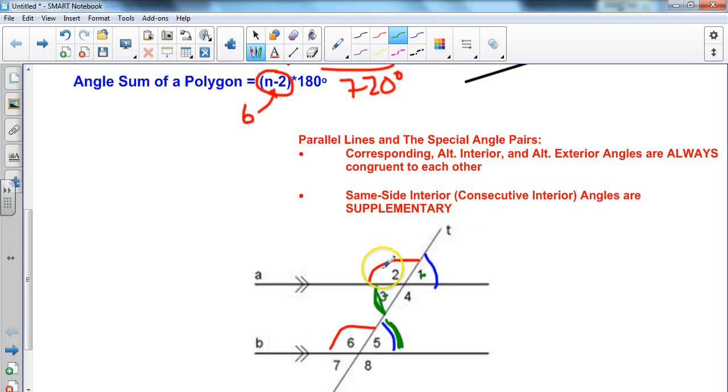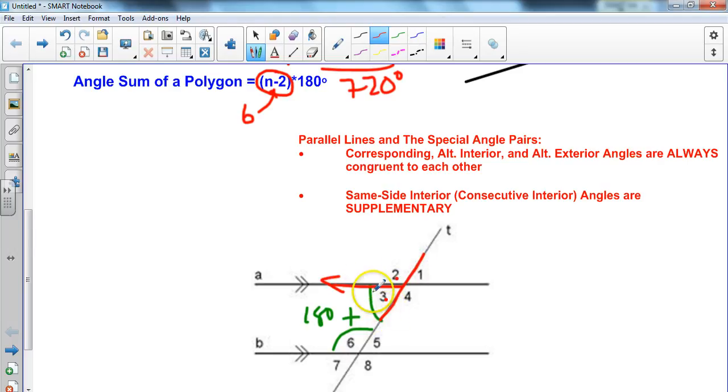Same side interior angles are always supplementary to each other, right? So supplementary. This angle here and its same side or consecutive interior, however you want to say it, they have to add up to 180 degrees. A quick argument for that would be this. Look at angle 3 and angle 2. We have a line, they're two angles, right?